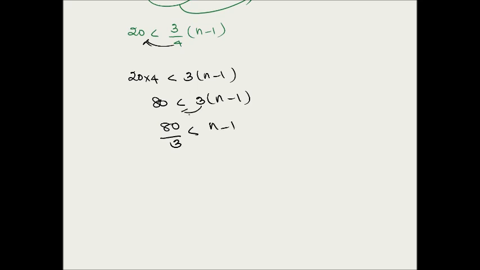This 3 will go here. We'll divide, we'll get 26.66 is less than n minus 1. Moving this minus 1 to the other side, 27.66 is less than n.